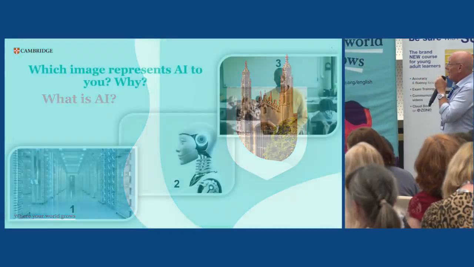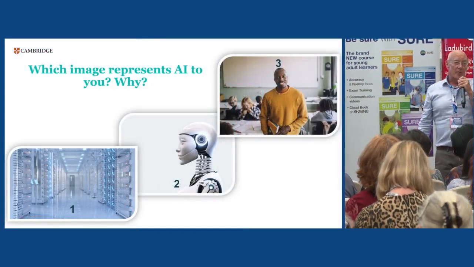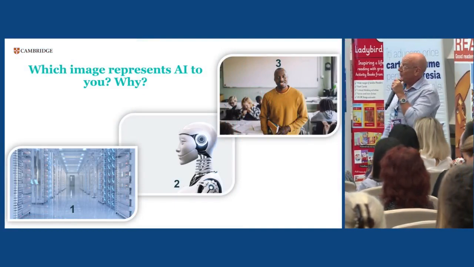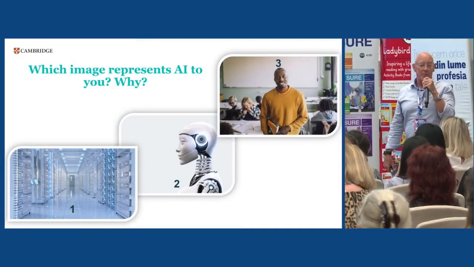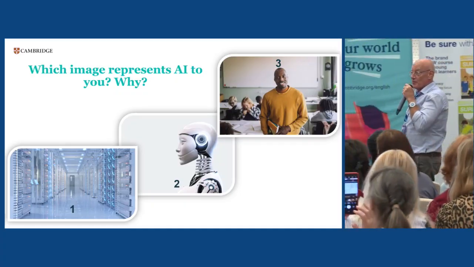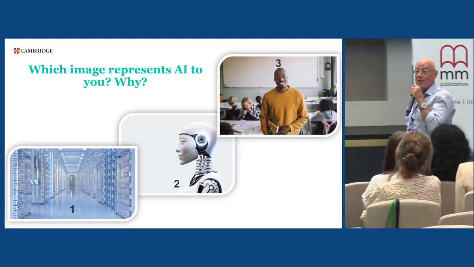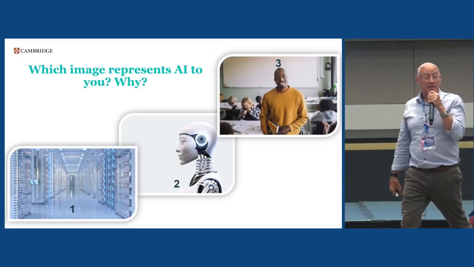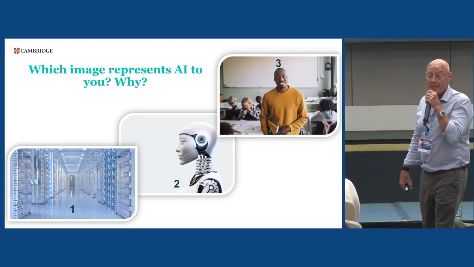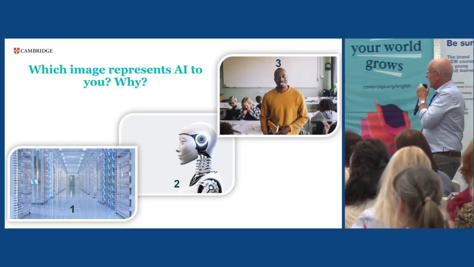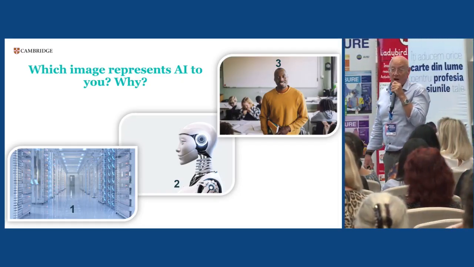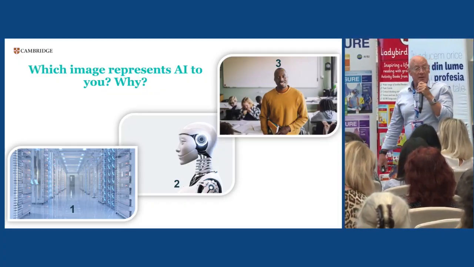Okay. So, what is AI? We've got 3 images on the screen, from left to right, loads and loads and loads of data in a big room with machines consuming, computers consuming loads of energy, being very, very detrimental to the environment, using lots of water, using lots of power. So maybe that's your view of AI. Or maybe it's the one in the middle.